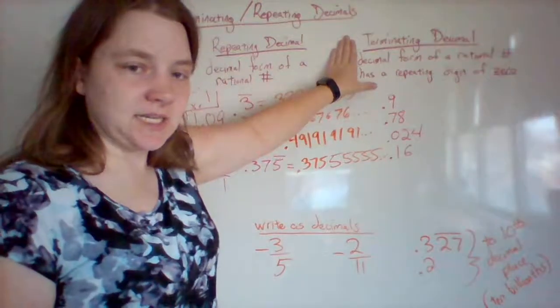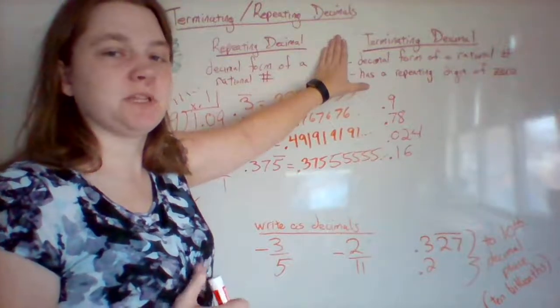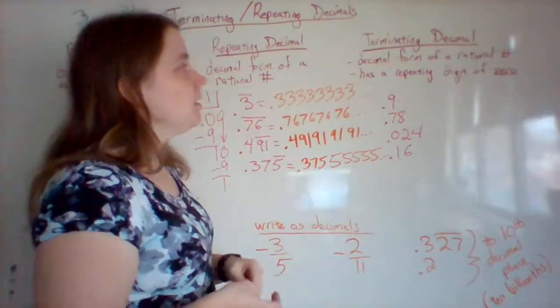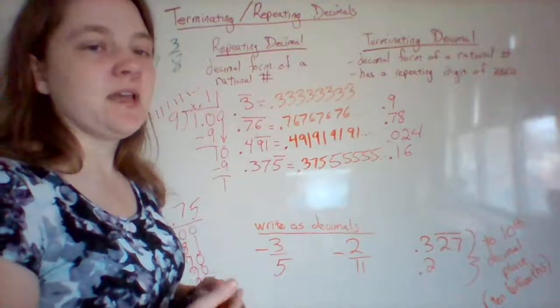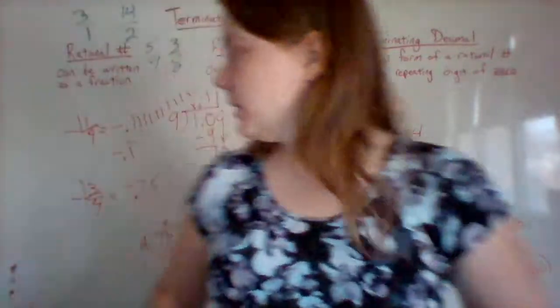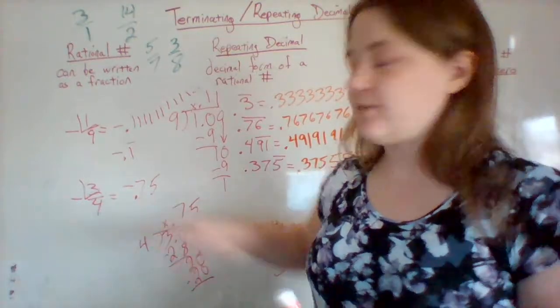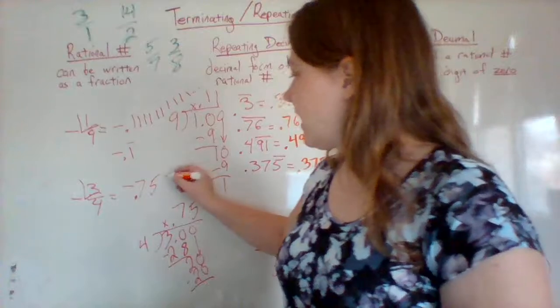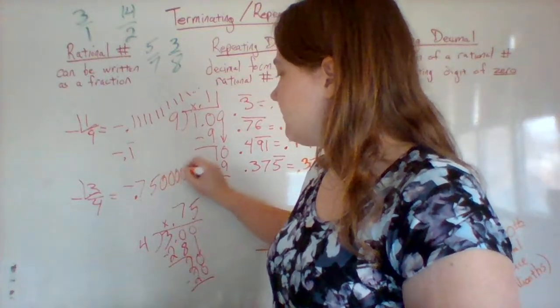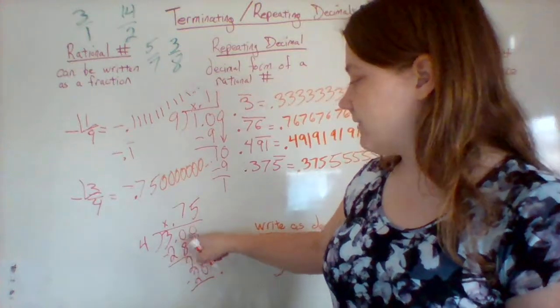Terminating decimals are still the decimal form of rational numbers, but they're a special subset. Because terminating decimals have a repeating digit of 0. So we go back, we look over here, and it doesn't look like anything's repeating on 0.75. But we still have all those invisible zeros that come after it. Just like 3 had invisible zeros.